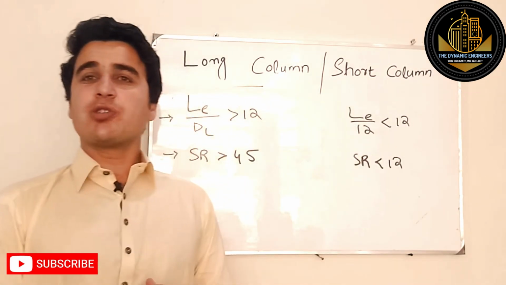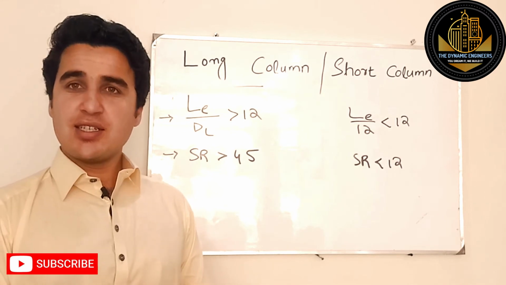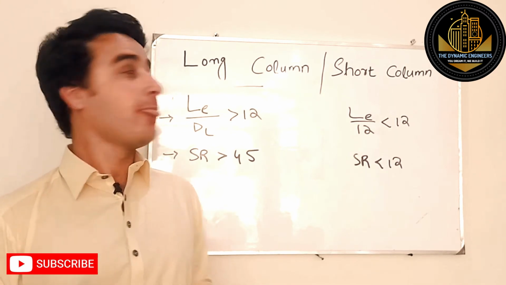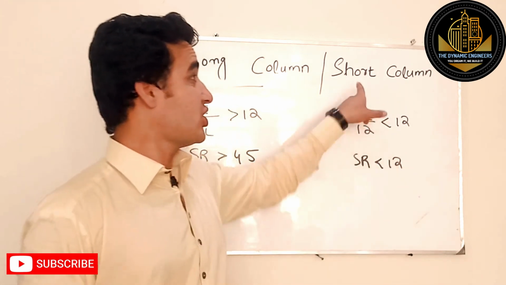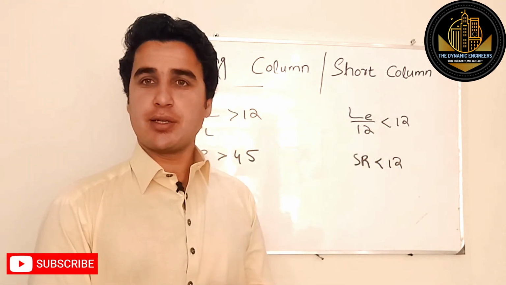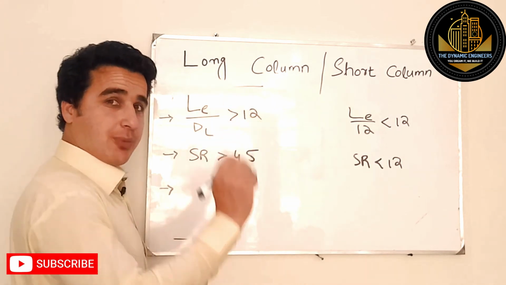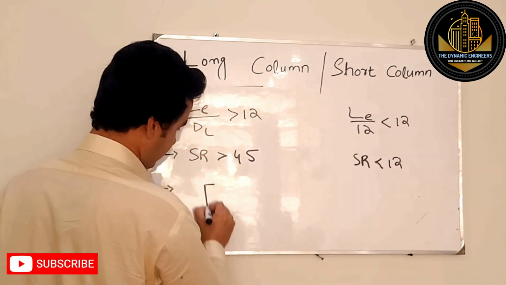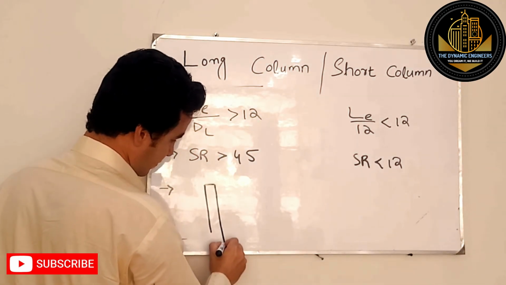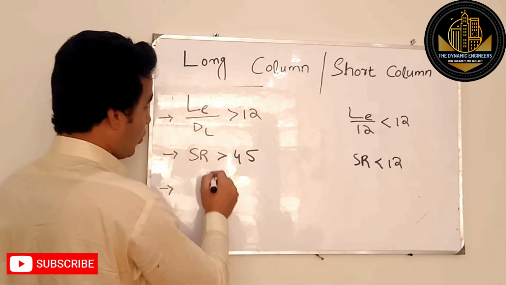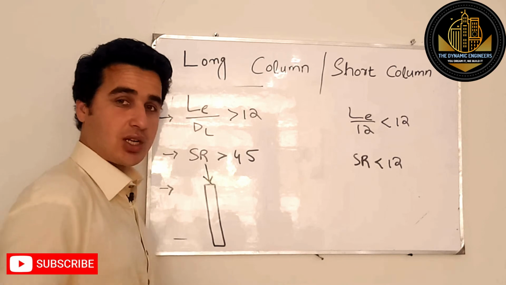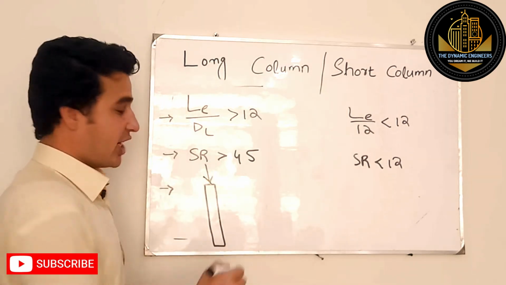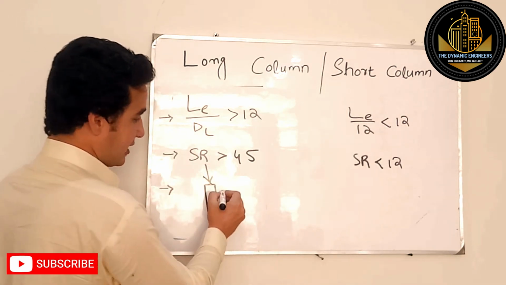The third important criteria, which is considered during the designing process actually, is that a long column will always fail in buckling, while the short columns will fail in crushing. So what is buckling? If you look at this column, whenever vertical load is applied over this column, it may try to buckle out like this.